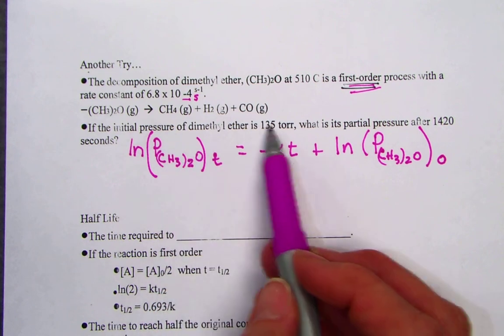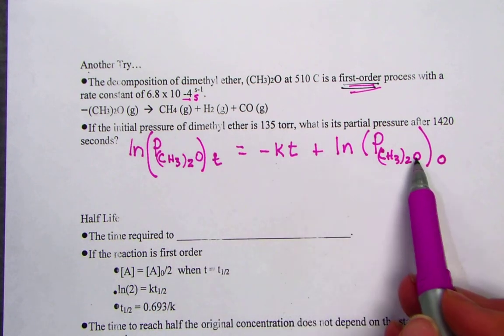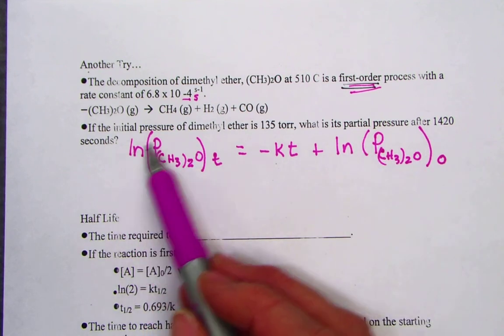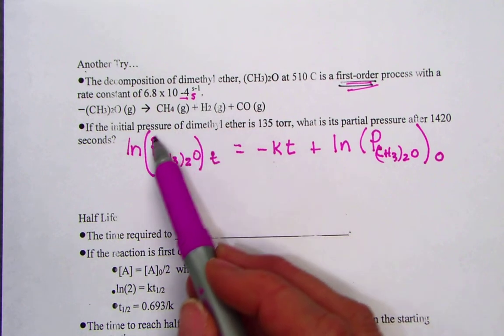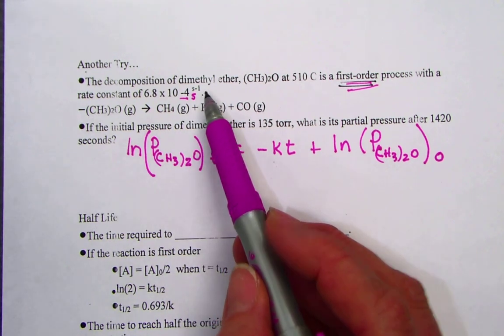If the initial pressure is 135 torr, that's this guy at the end. What's the partial pressure after 1420 seconds? I check to see if my rate constant matches the time unit. It does indeed. It's in a per second.